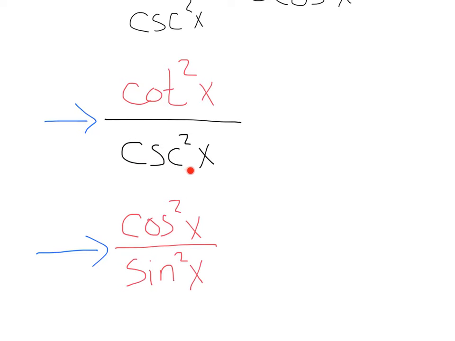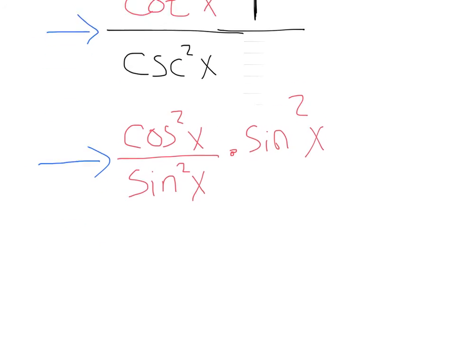I know cosecant squared x has a reciprocal of 1 over sine squared x, but this is in the denominator of the fraction, so this is kind of like I already have 1 over cosecant squared x, which I know is equal to sine squared x. So I can replace 1 over cosecant squared x with sine squared x.